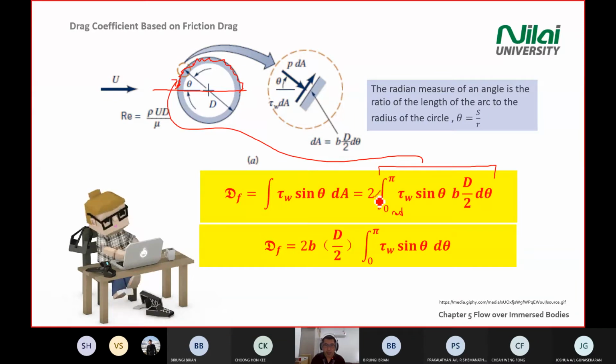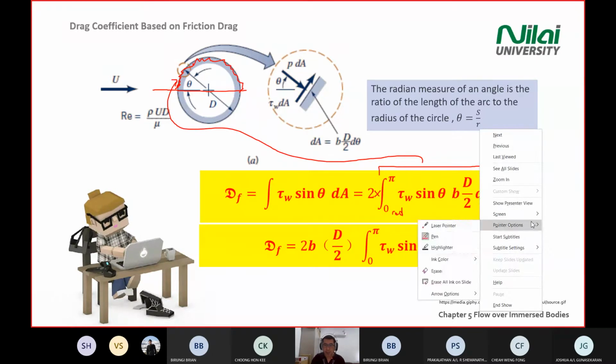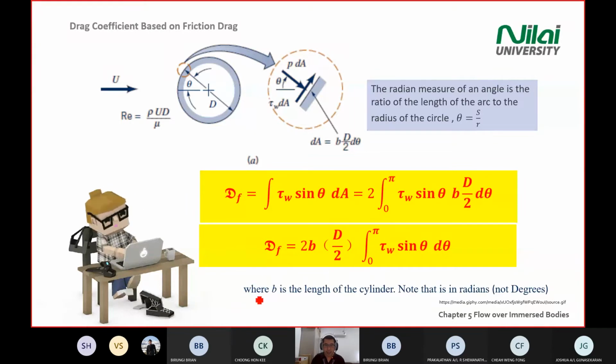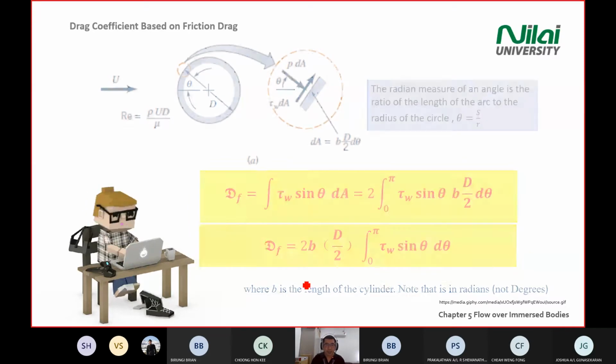So we times 2 here, times 2 this term. Okay, so we get this equation. B is the length of the cylinder. And again, the angle here is in radian, not degree.